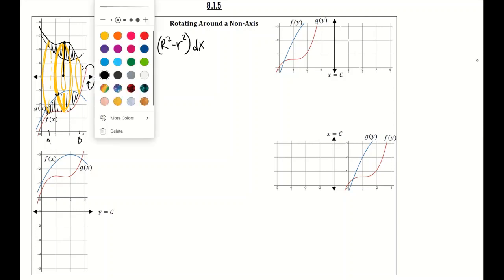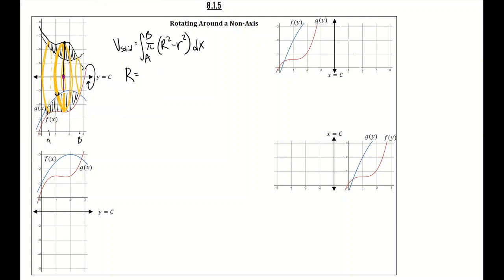The outer radius, the bigger radius, is going to be the distance from the center of the axis of rotation to the outer function. So again, that's not just the function. It's not just f of x. It's the distance between c and f of x. So if you're looking at this distance of this purple line right here, that's my larger radius.